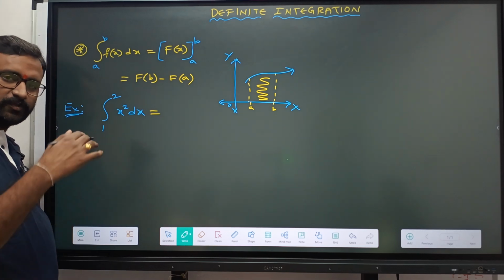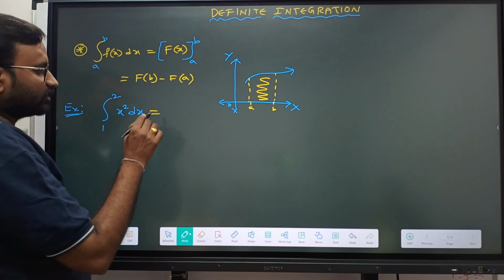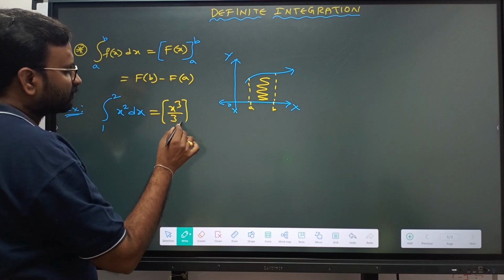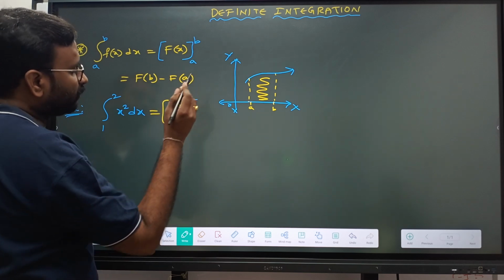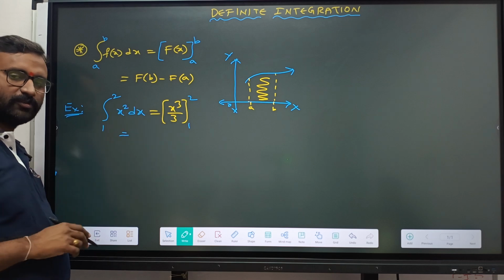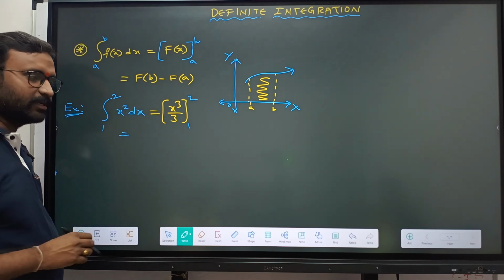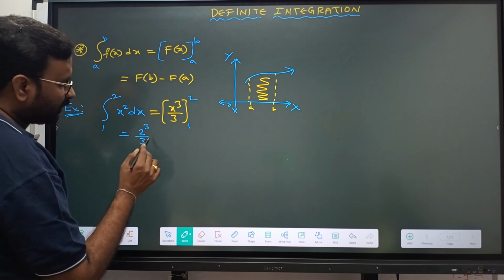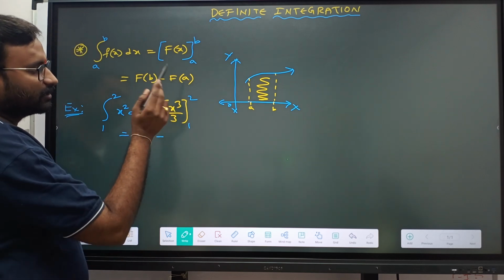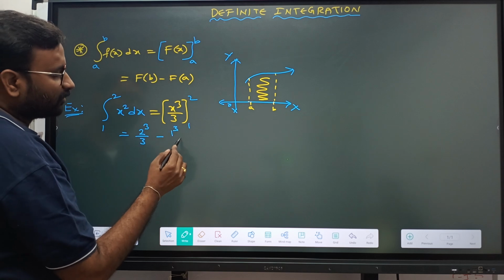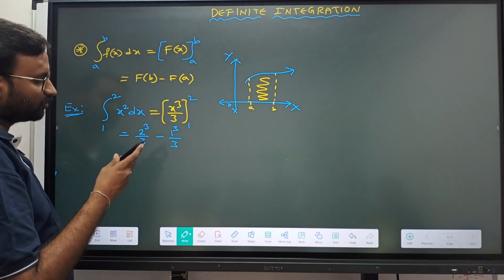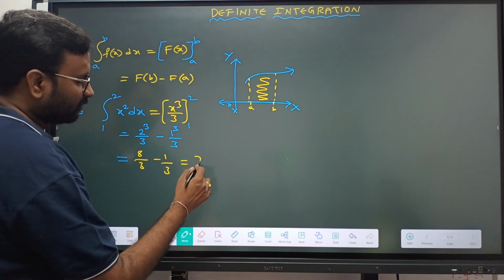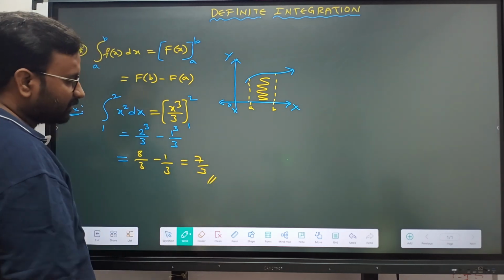X cube by 3, using x power n plus 1 by n plus 1. The limits are 1 to 2. First you have to substitute the upper limit: 2 cube by 3 minus, next, the lower limit, 1 cube by 3, which is 8 by 3 minus 1 by 3, which is equal to 7 by 3. That is the answer.